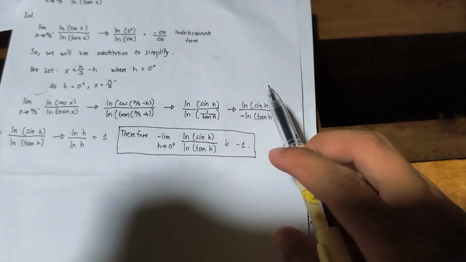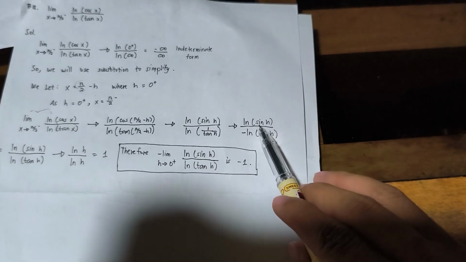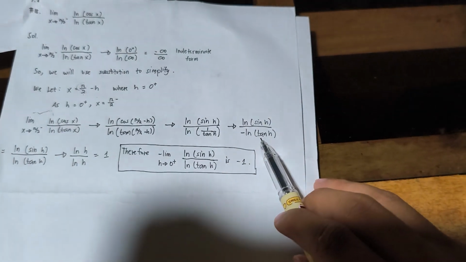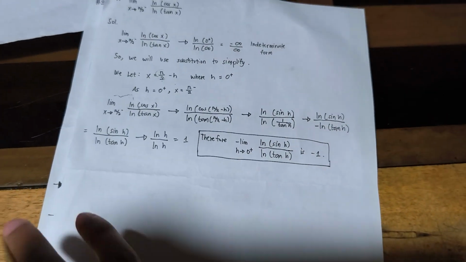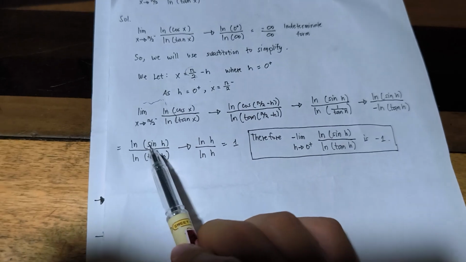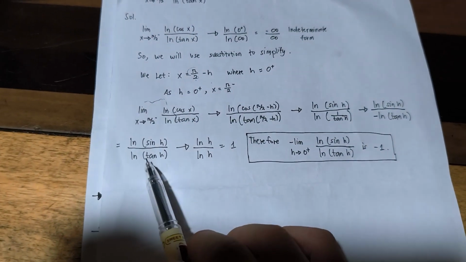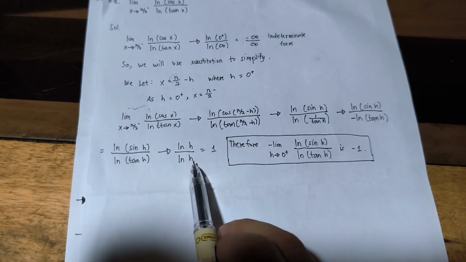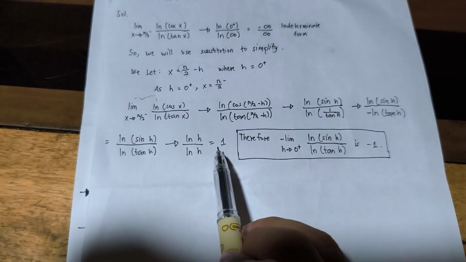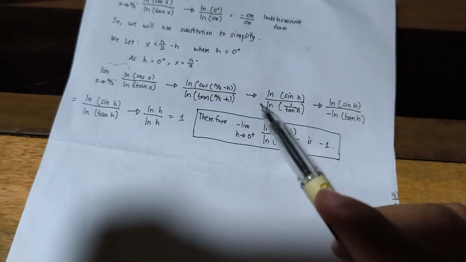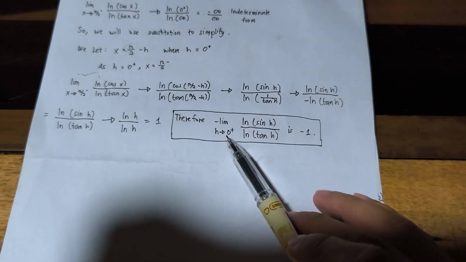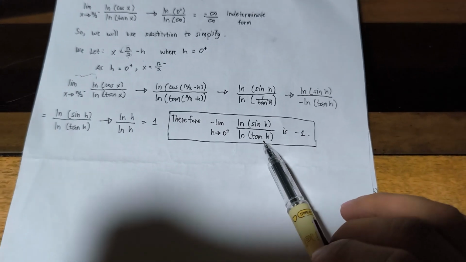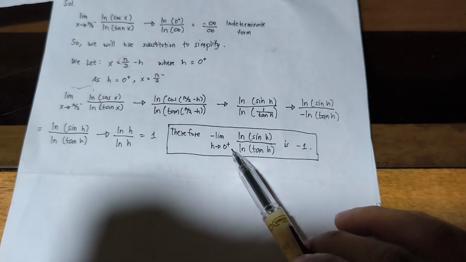So it will become ln sine h over negative ln tangent h. Then next, it becomes negative ln sine h over ln tangent h. So we have ln h over ln h, which is equal to 1. So therefore, negative limit of ln sine h over ln tangent h as h approaches 0 positive is equal to negative 1.